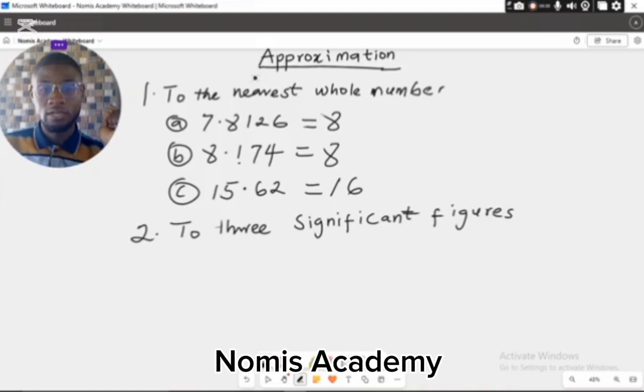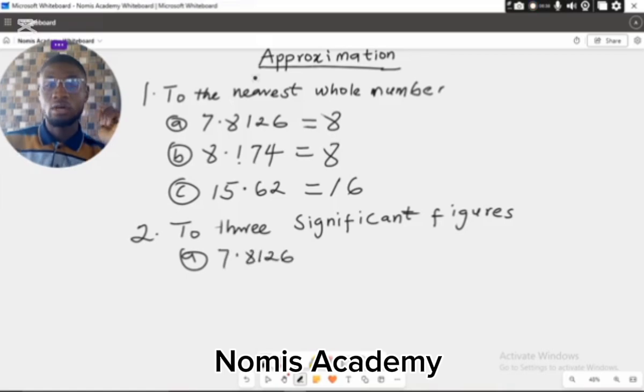To 3 significant figures. So let's take them one after the other. We're still going to use the same digits that we have at the top, 7.8126. So how do I approximate to three significant figures? We are talking about figures. We are less concerned about the decimal point.